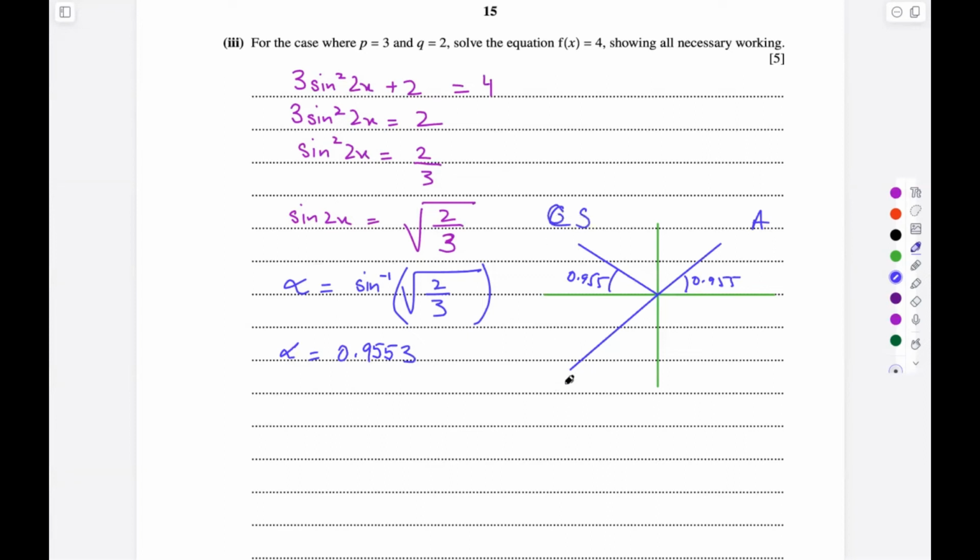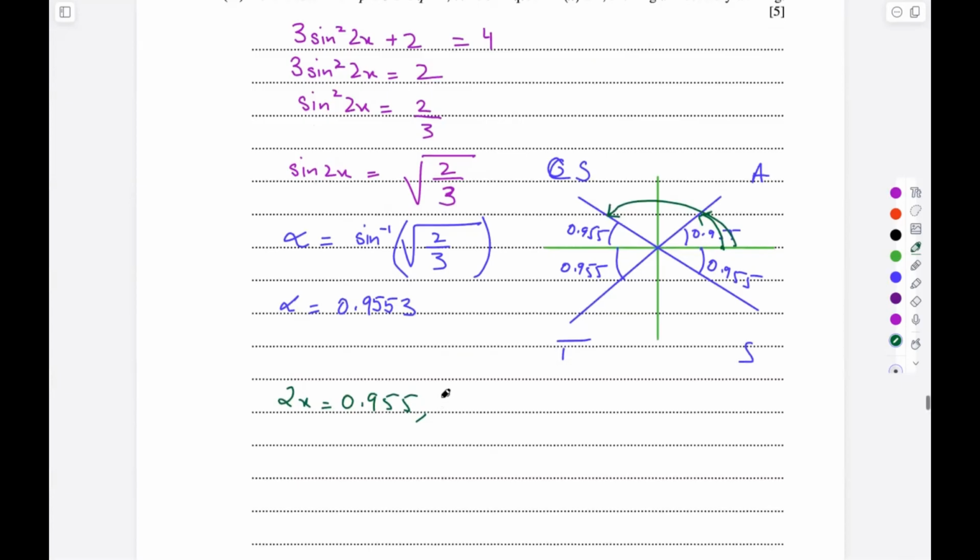But due to the square root, we'll be making this basic angle in the next 2 quadrants as well, which are the negative quadrants of sine. Now, once we have made these basic angles, to find the value of x, the first angle will be 2x equal to 0.955. The second angle will become pi minus 0.955.